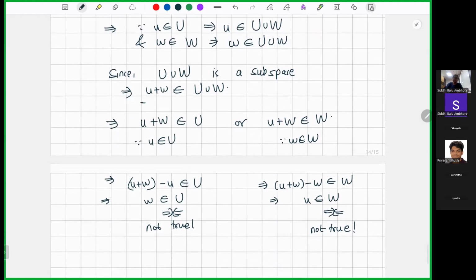So since this element is in the union of two sets, this element must belong to one of these sets, that is either U or W. But we saw that if that element belongs to one of these subspaces, we arrive at a contradiction.